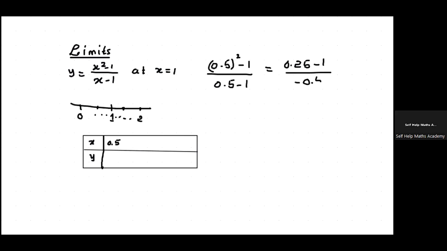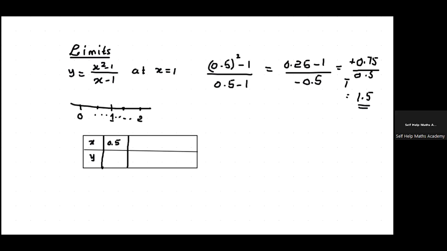So this will be minus 0.75 divided by minus 0.5. And here this negative will cancel. If you just take this value, this will be 1.5.